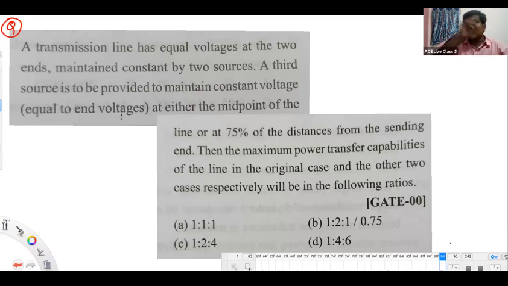For example, if you keep the end voltage as V, wherever you keep the source, that point voltage also equals V in magnitude. This is either at the midpoint of the line or at 75% of the distance from the sending end. Then the maximum power transfer capabilities of the line in the original case and the other two cases respectively will be in the following ratios. Try to understand the problem.